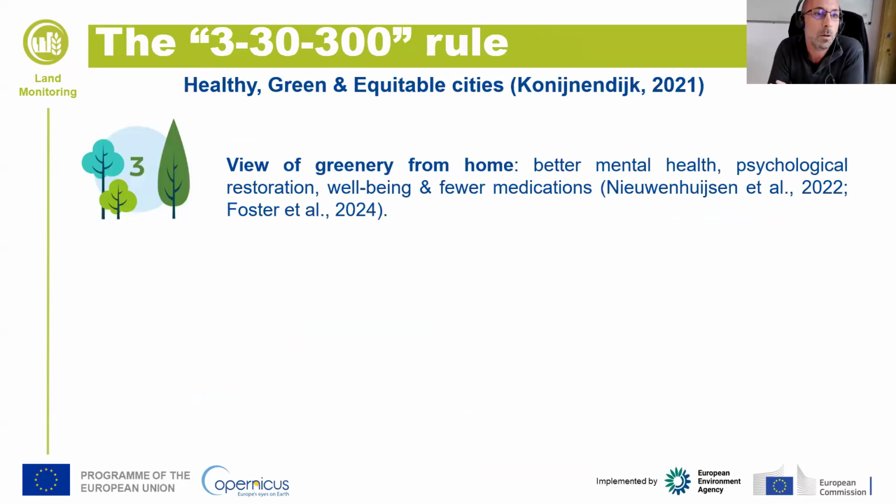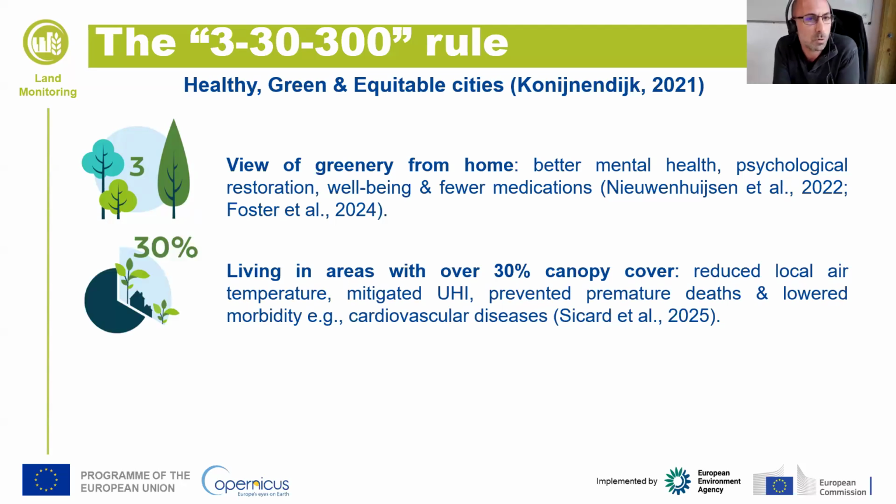This is why the rule 3-30-300 has been suggested for creating healthy, greener, and equitable cities. Everyone must see at least 3 trees from home, school, and workplace, because the view of greenery from home is associated with better mental health, psychological restoration, and fever medication.